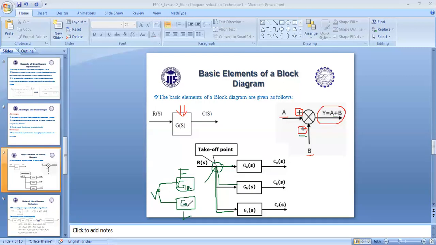The light will have its own transfer function, say GB. So this common input V is taking off from this point. From this point, the common input is taking off and feeding two different loads. So this point is known as a takeoff point. A takeoff point is that point from which two or more signals are leaving. So these are the basic elements of a block diagram.